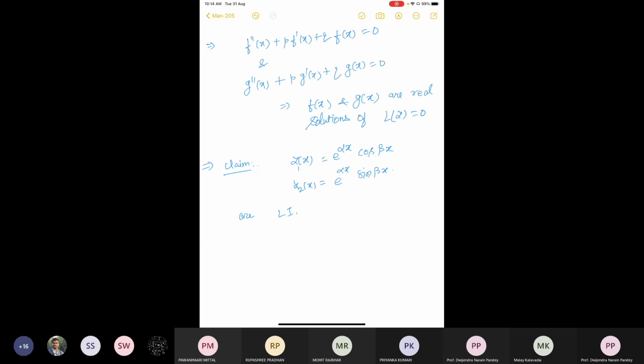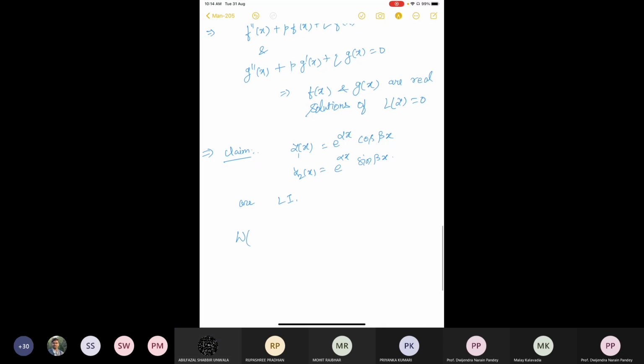We can calculate the Wronskian. One simple way is to show that the Wronskian of y1 and y2 is coming out to be non-zero for each value on R.